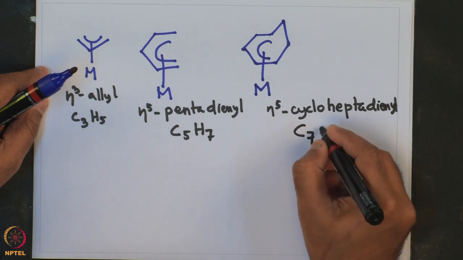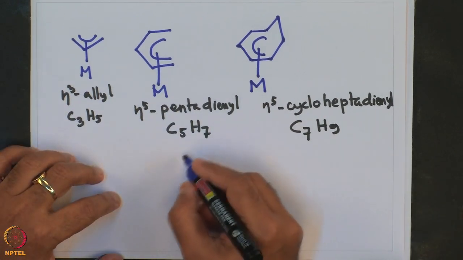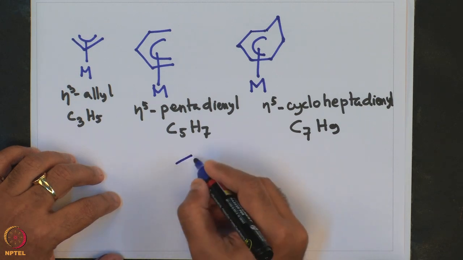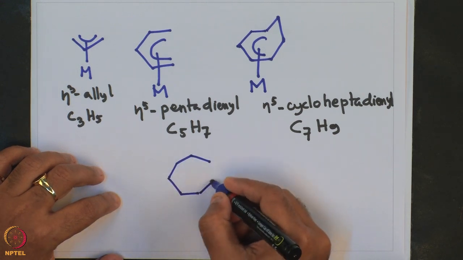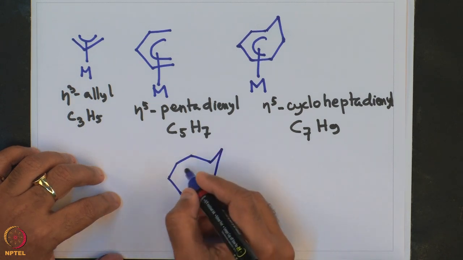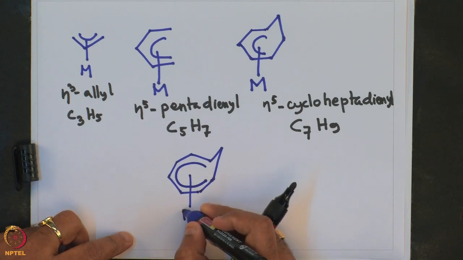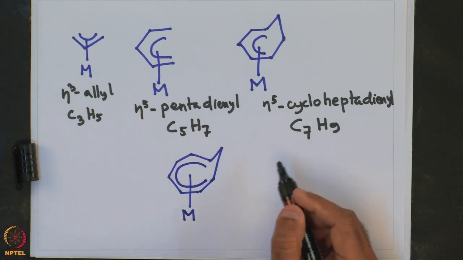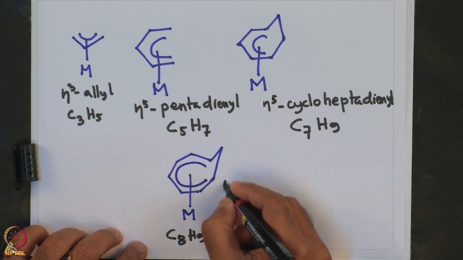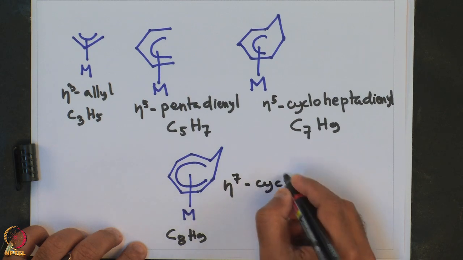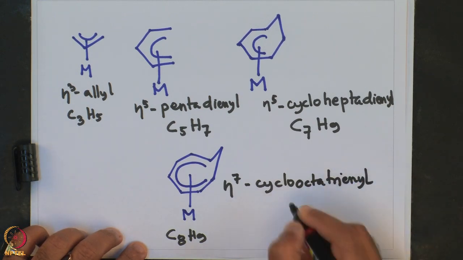And as for C8H9, this is called eta 7 cyclooctatrienyl ligand.